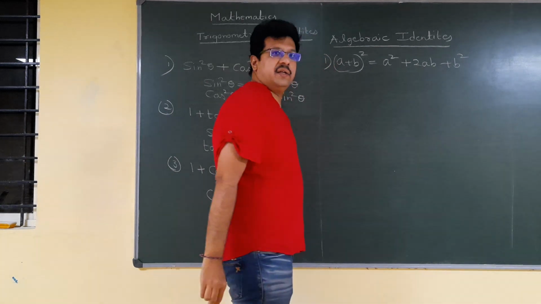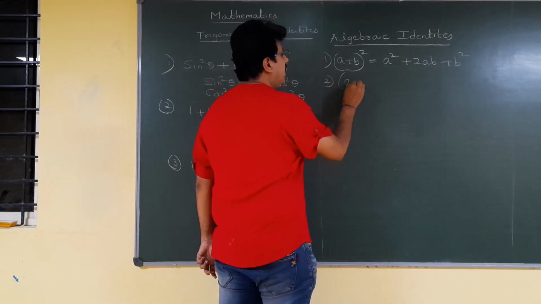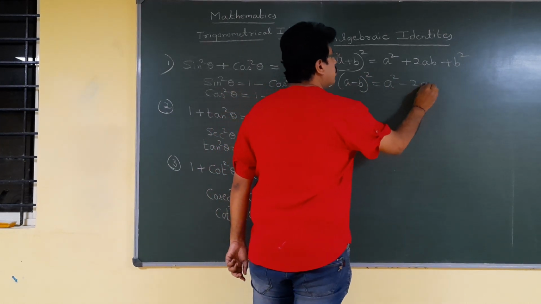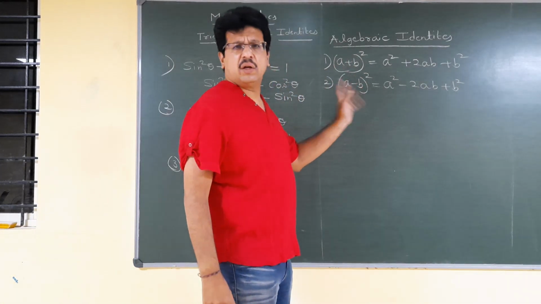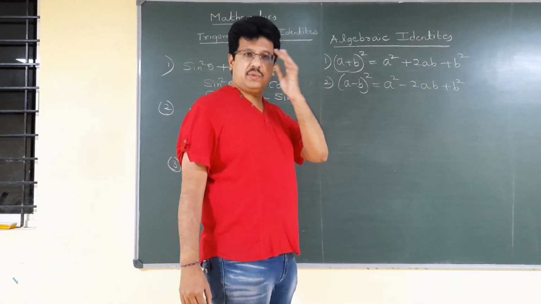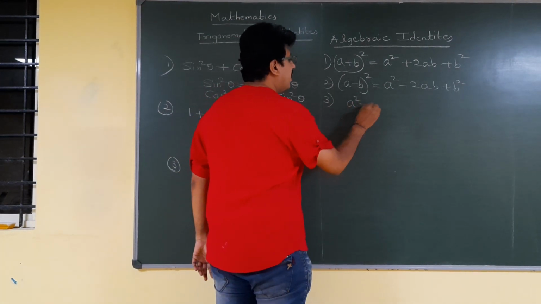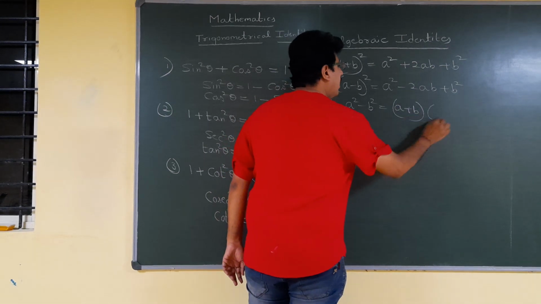This is the first identity. The second one is a minus b whole square equal to a square minus 2ab plus b square. These are identities which you learned in your lower classes. It's not something new here. And the third one is a square minus b square equal to a plus b into a minus b.